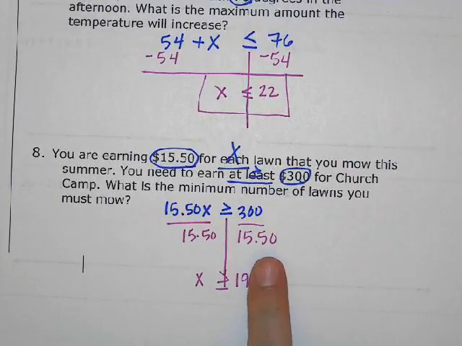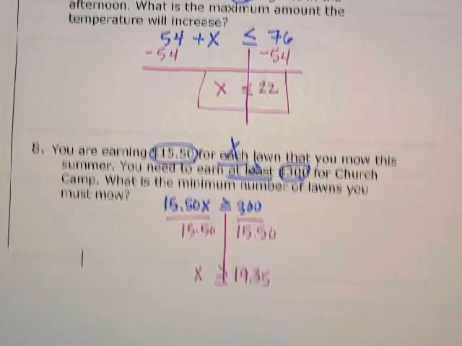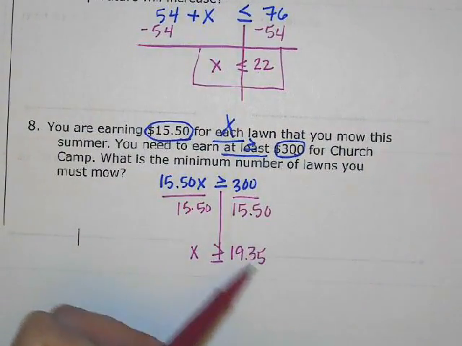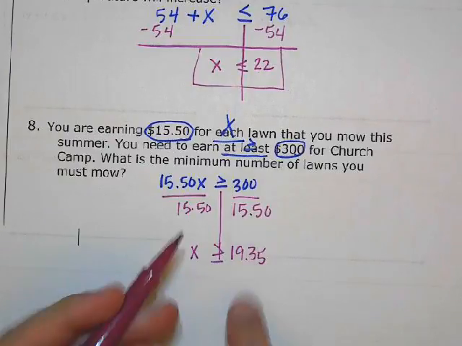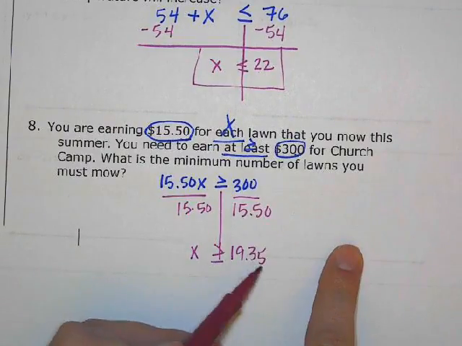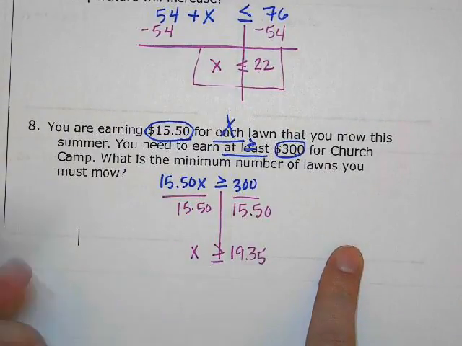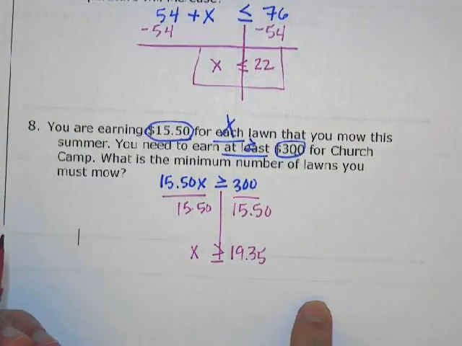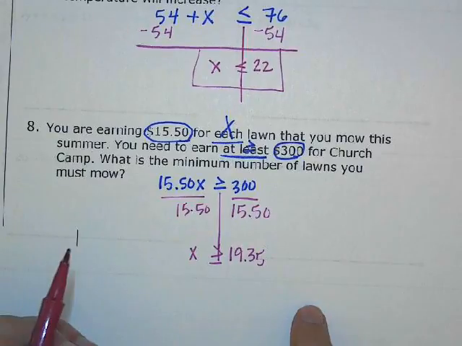Okay, so would 19 give me enough to make $300? No, because I still need to do this 0.35. If I only had 19, I'd be under. So how many lawns does he have to mow? 20.